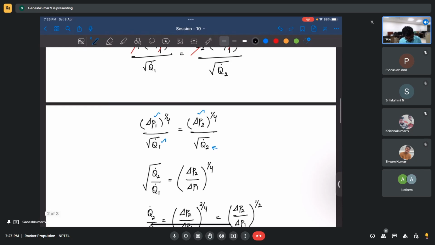What is omega 1? We have N1 given as 18,000 rpm, rotations per minute. How do we convert it into radians per second?